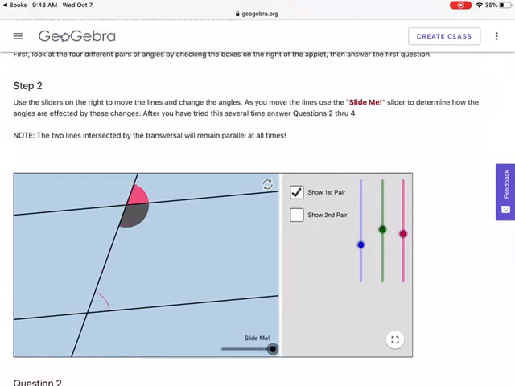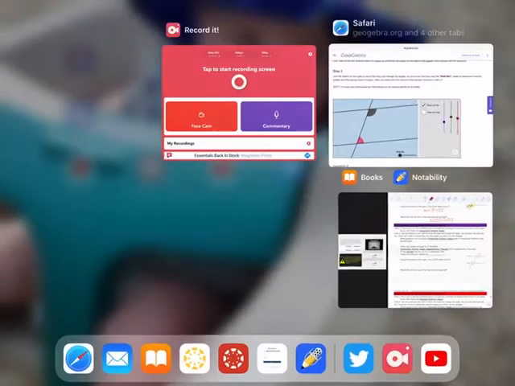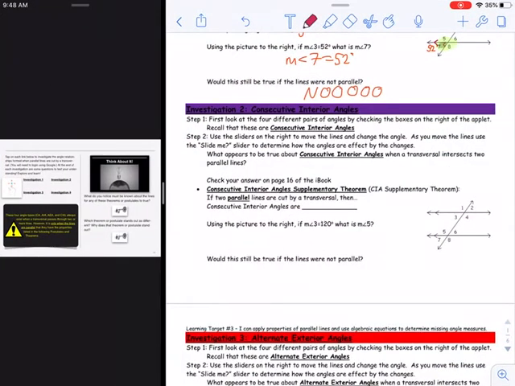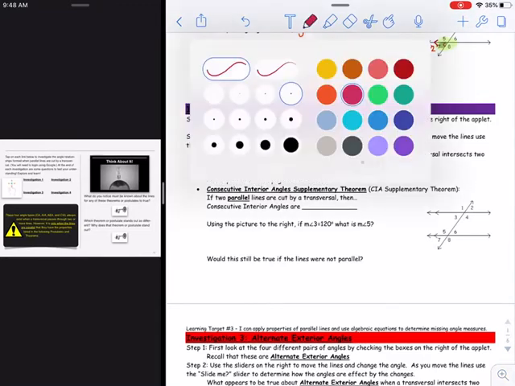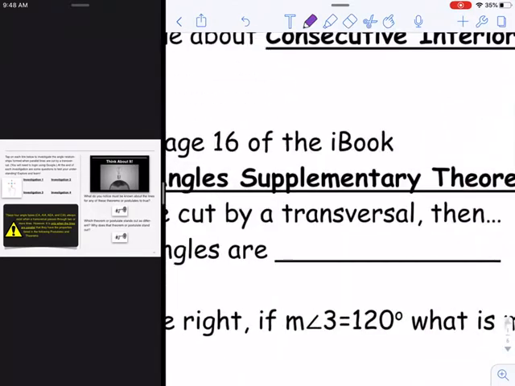Because of corresponding angles, we know that they can technically form a linear pair, which means that they're supplementary. And that, in fact, is the punchline: consecutive interior angles are supplementary. That's even the consecutive interior angle supplementary theorem, CIA supplementary theorem. If two parallel lines are cut by a transversal, then consecutive interior angles are supplementary.